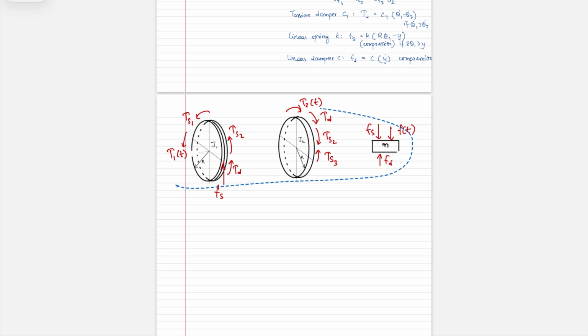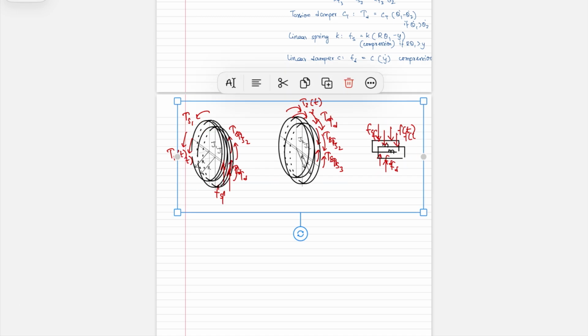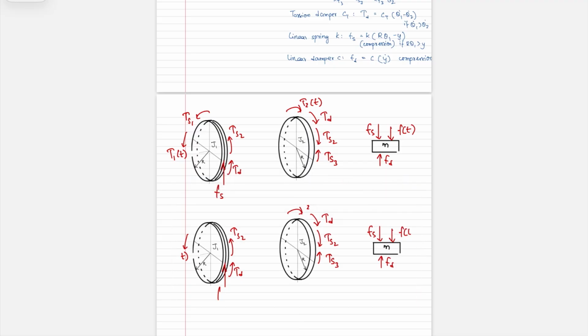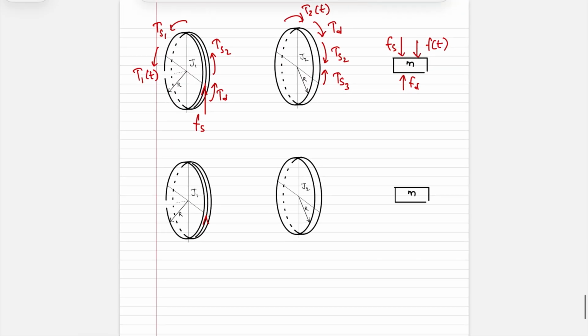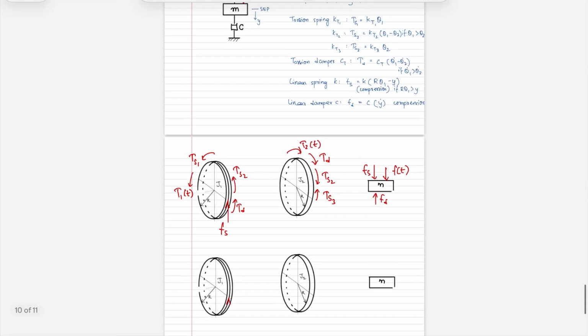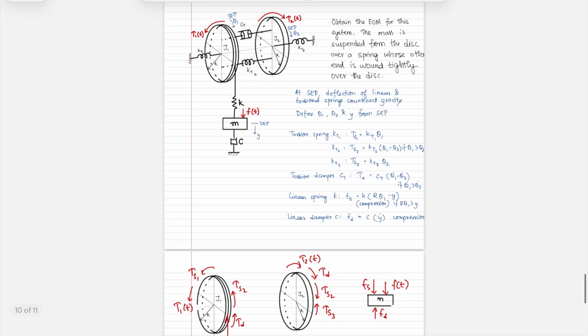You can also do the kinetic diagram. In the kinetic diagram, you're only capturing inertial forces and moments. So in this case, due to the moment of inertia, you will have J1 theta 1 double dot in the same direction as this.